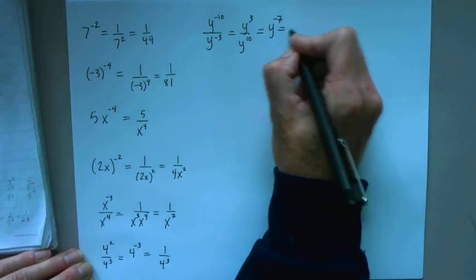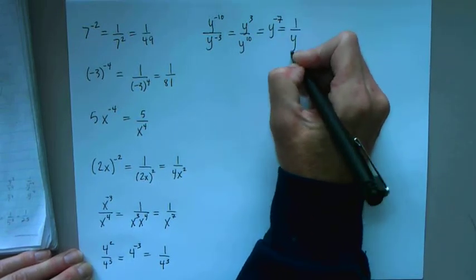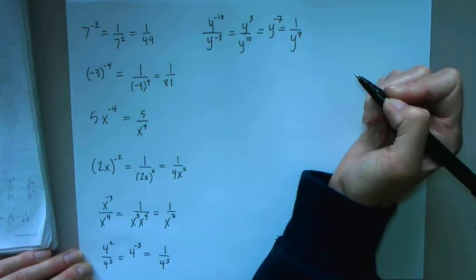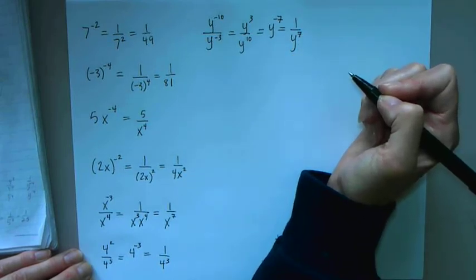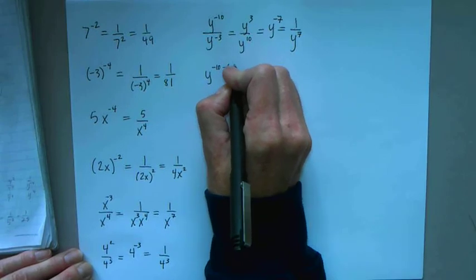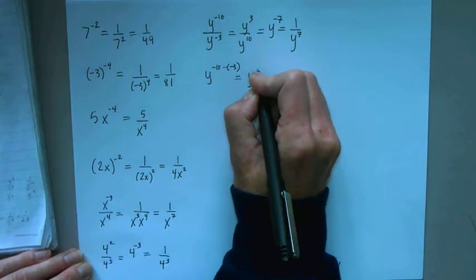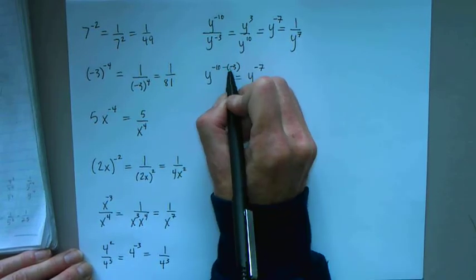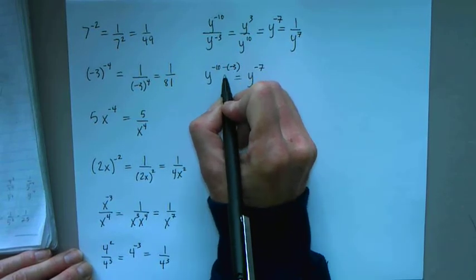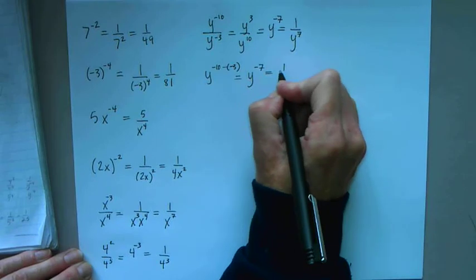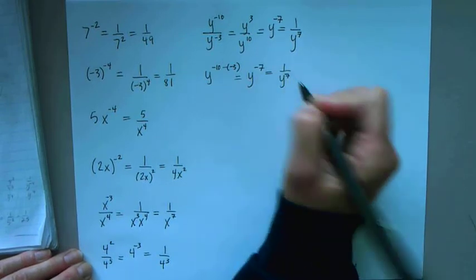So we know our answer has to be positive, so I put it on the bottom. Or you could start -10, subtract -3. We know that that is y to the -7, because subtracting a negative is adding, right? And then we have the same solution. We have to put it on the bottom.